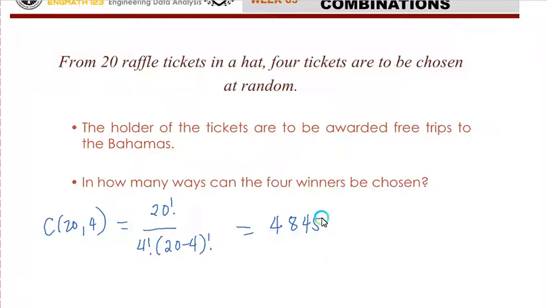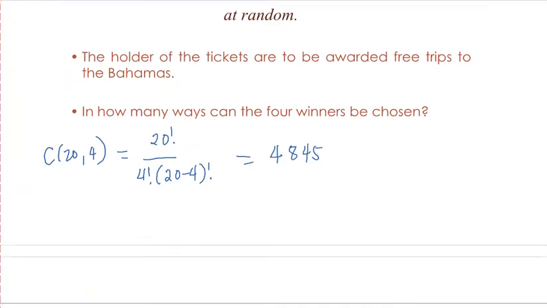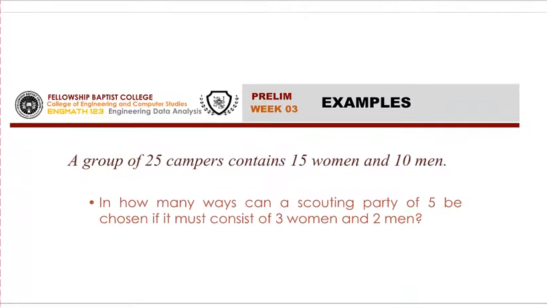So the crucial step in solving counting problems is deciding which one to use: whether you have to use permutation, combination, or just the fundamental counting principle. So the question is, where do you use these types of formulas?